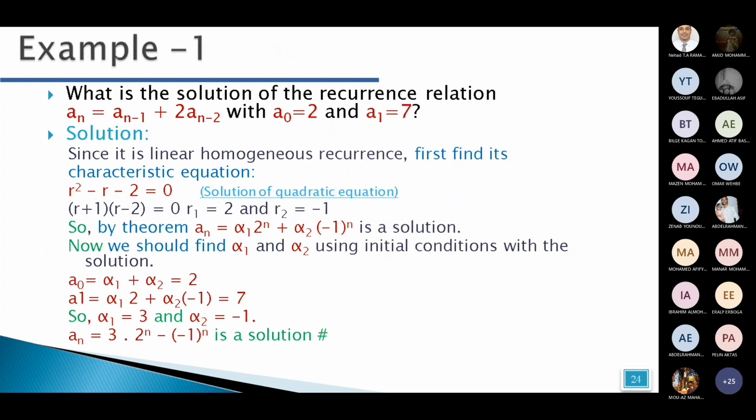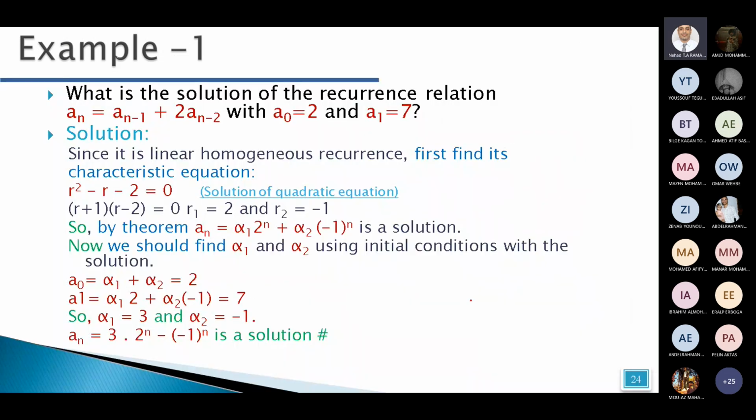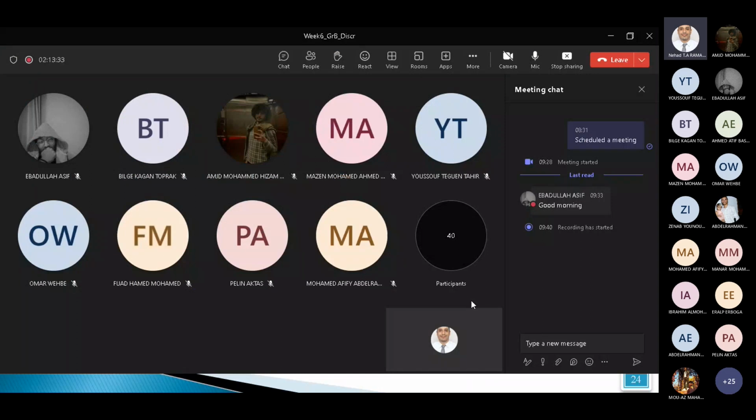Okay, so now the first example, let me just check the time. Okay, we still have time, hopefully to finish, inshallah. Because if we do not finish the whole lecture note, we will have an extra lecture tonight. If we do not finish, I will give another hour, maybe from 10:30 tonight until 11:30.